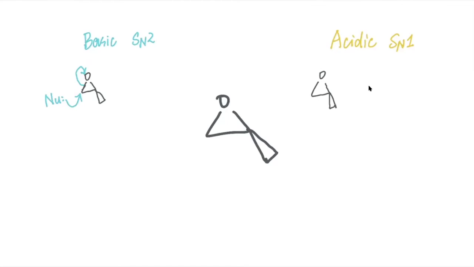The first step would be protonation of the oxygen. And then after the oxygen is protonated, it's going to do an SN1. So once the oxygen is protonated, there's a positive charge. Nice. And then even before my nucleophile attacks, my ring is going to open.